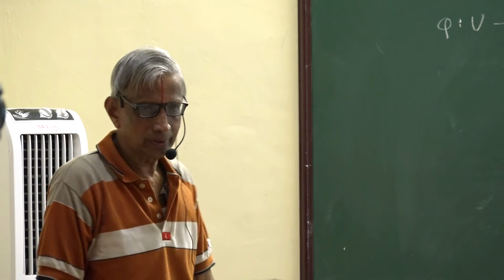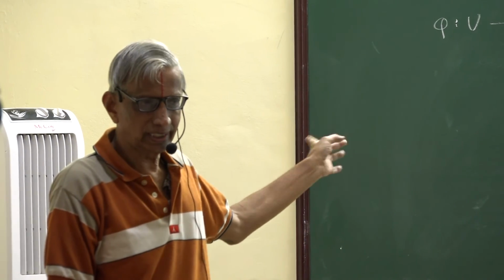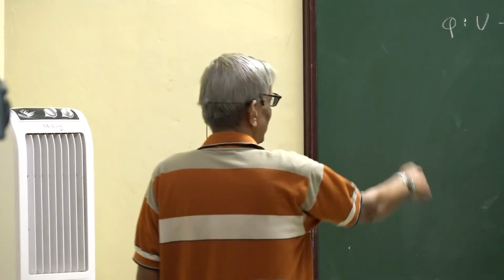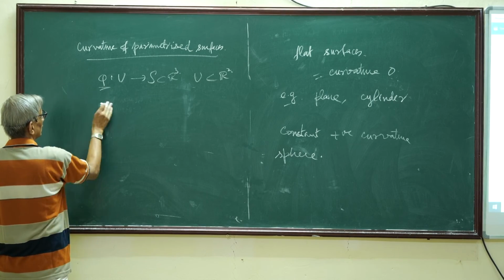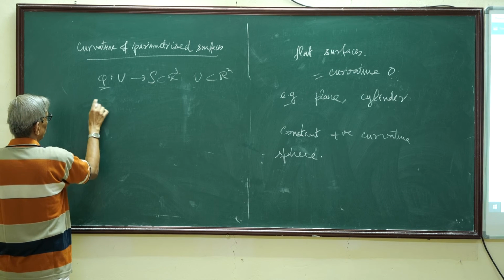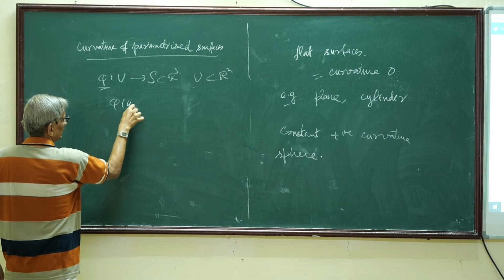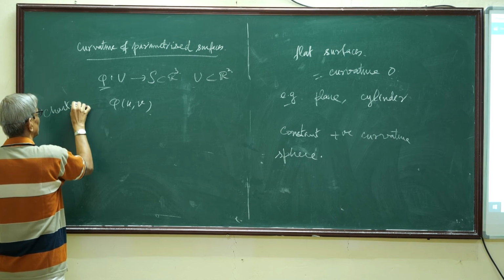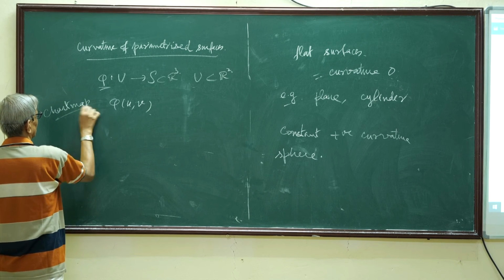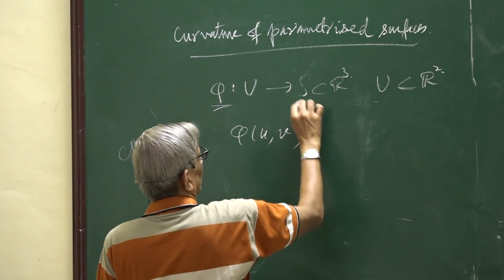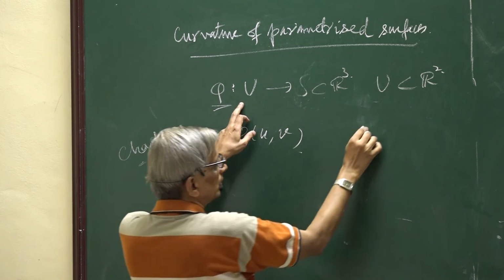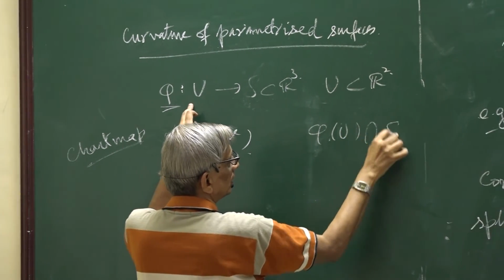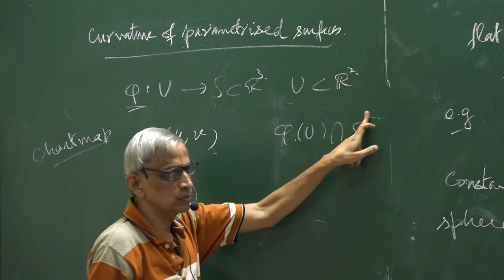So you have these maps. These are what is called the coordinate map or chart map or something, whatever you want to call it, local chart, right? So phi of uv, let us write. So basically, when you want to look at a surface, you are going to look at phi of U intersected with S2, your surface.